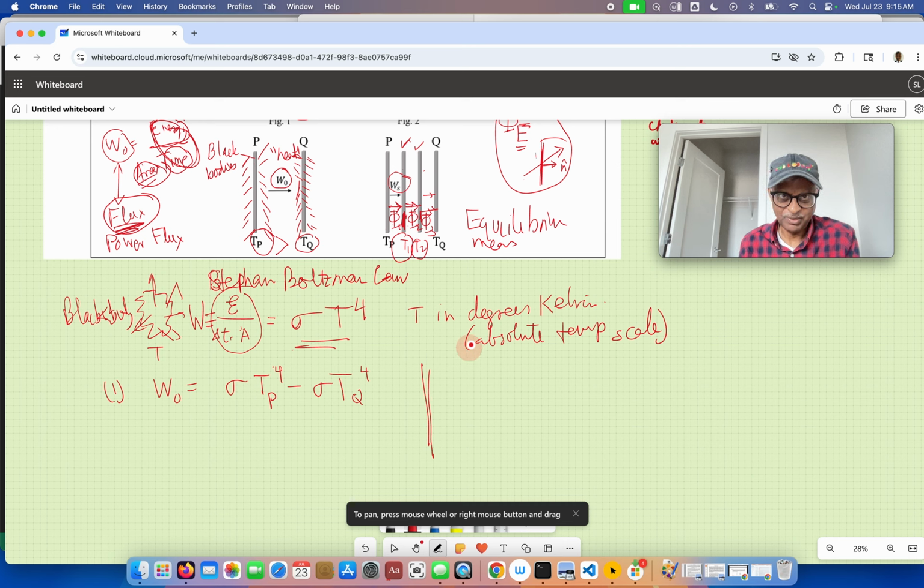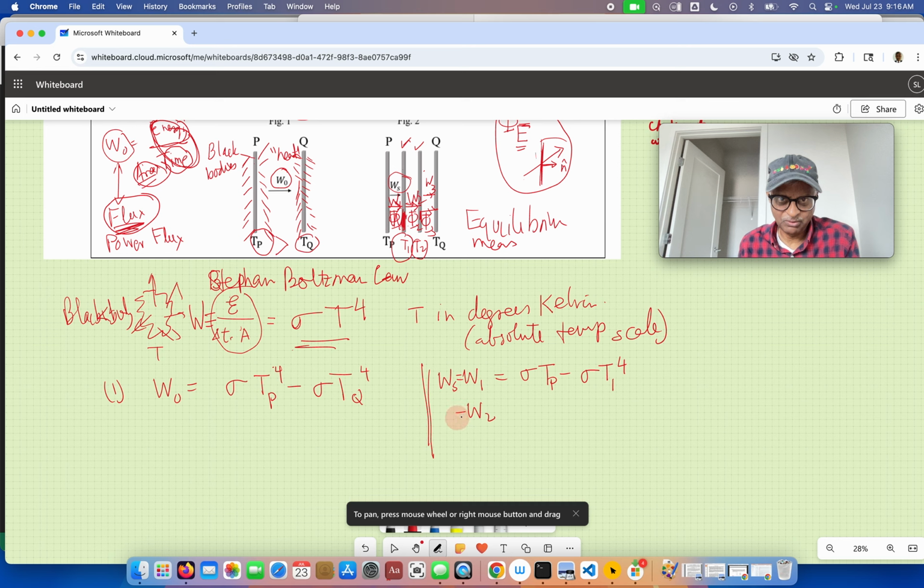I'll call it W1, W2, W3. I use the letter phi, they use the letter W. So Ws equals W1, which is sigma Tp to the power 4 minus sigma T1 to the power 4.